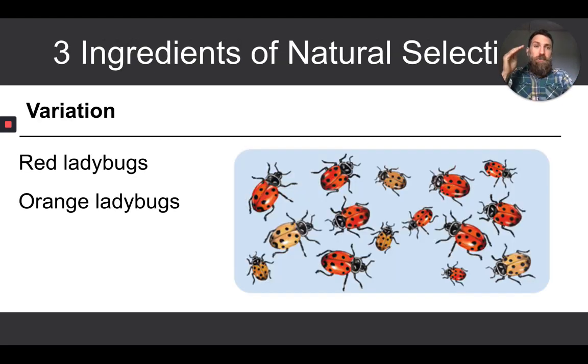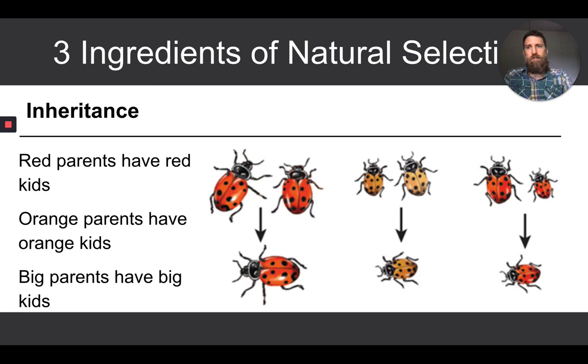So let's go through these 3 ingredients one at a time with an example population. Ladybugs. There's a lot of variation in this population. You've got red ladybugs, orange ladybugs, big ones, little ones. A lot of variation in their phenotypes, in their characteristics. Second ingredient, inheritance.